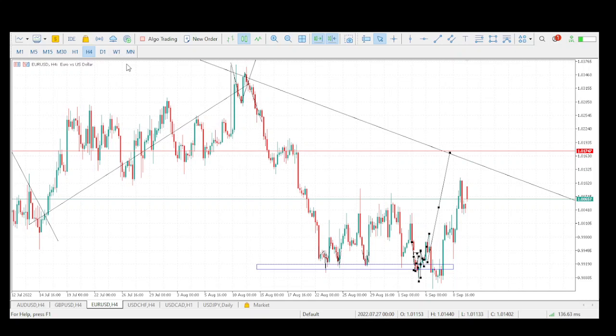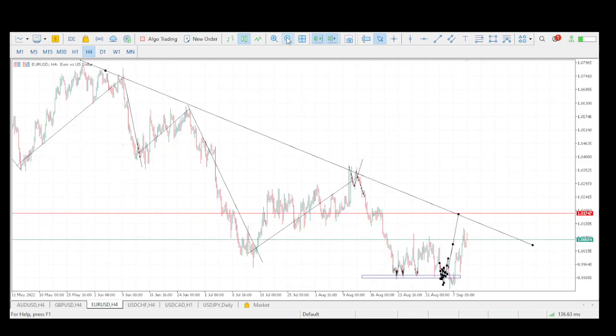As a day trader, it's good for you to execute your trade on the 15-minute time frame, right? Now let us analyze what we are expecting this week on EURUSD. Looking at EURUSD right now on the 4-hour time frame, let me delete these things so that we can see clearly.